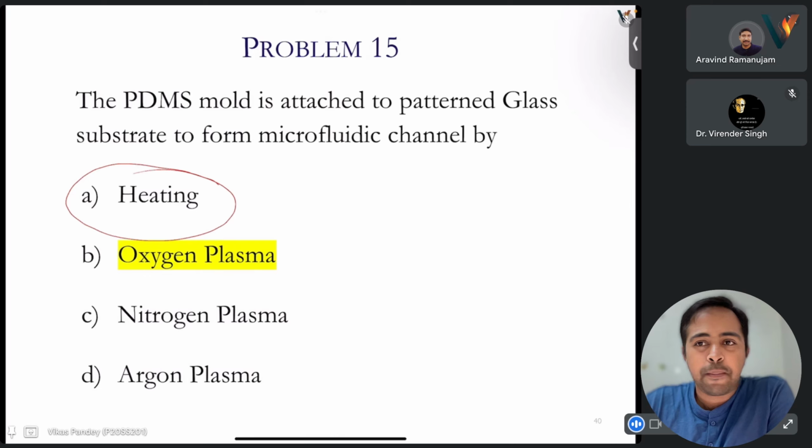Anyone else? Sir, maybe increasing temperature will change the mold shape or something.